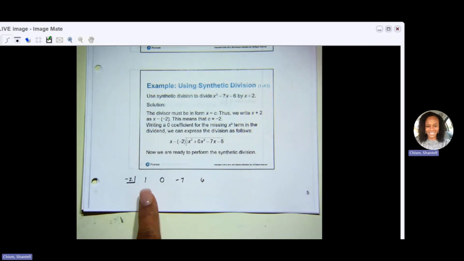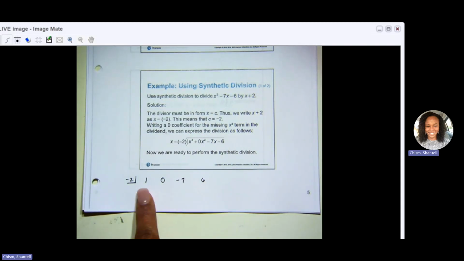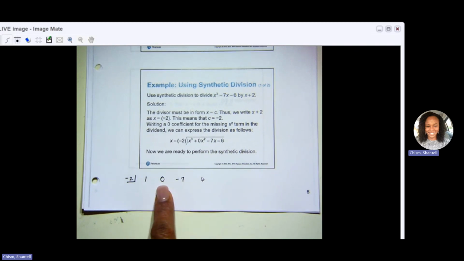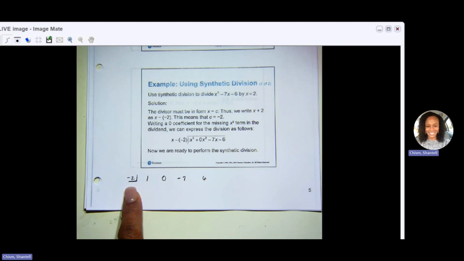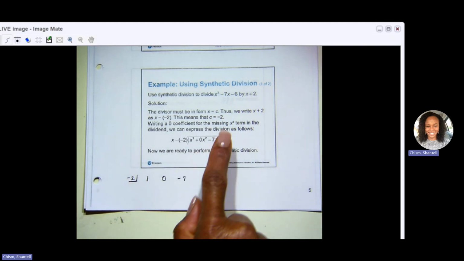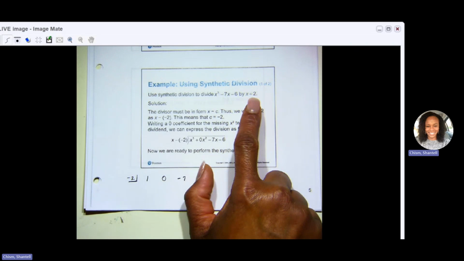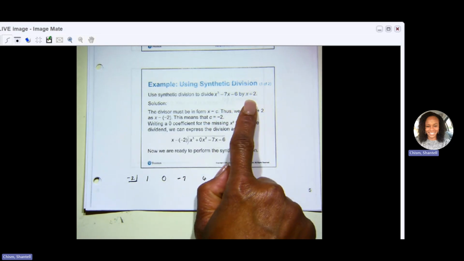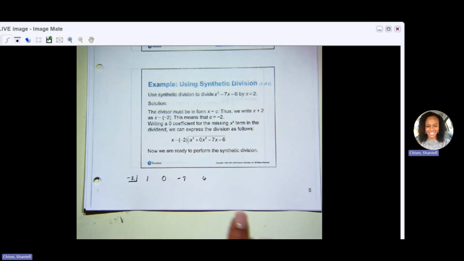Okay, so I take the coefficients of my dividend, I put them in a row. Remember to include zeros for any missing terms. And then to the left of that, I box off the constant and make sure I use the opposite sign of what I see from the divisor. It was +2, so I use a -2.